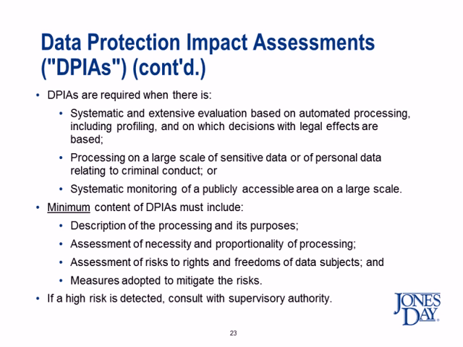The minimum content of a privacy impact assessment must at least include a description of the processing which is going to be carried out and the purposes of the processing. The assessment will, of course, contain a verification of the necessity and proportionality of the data processing.